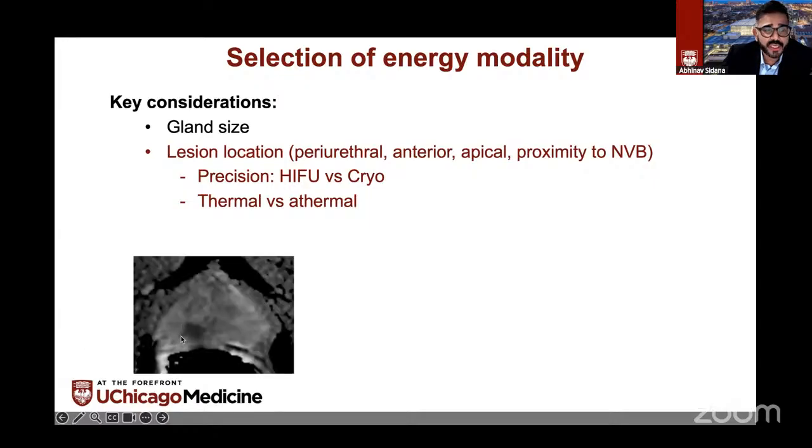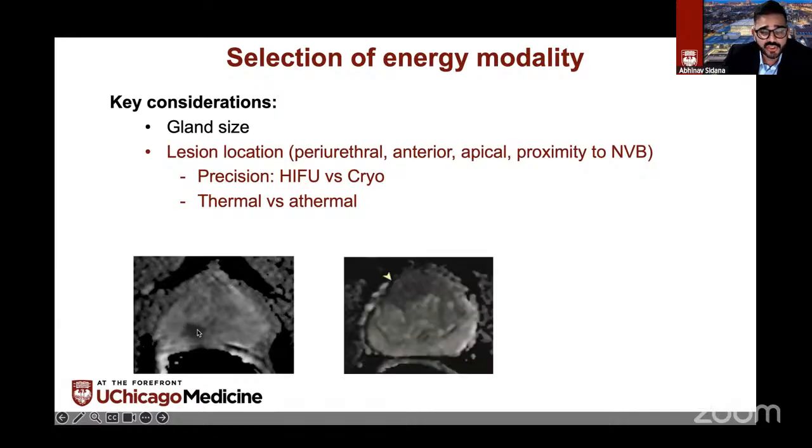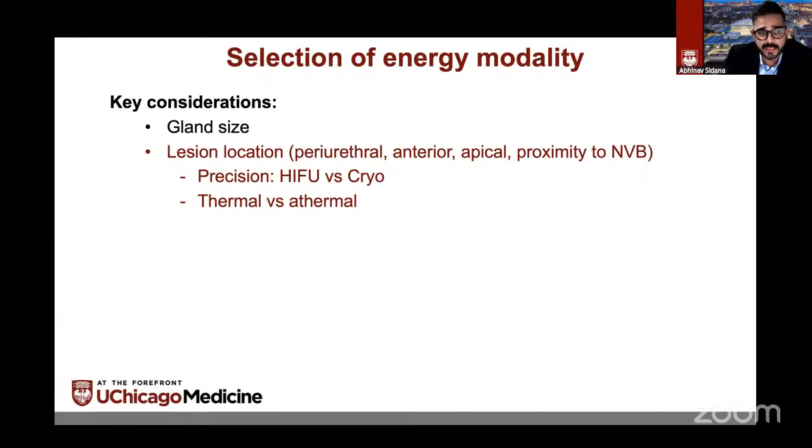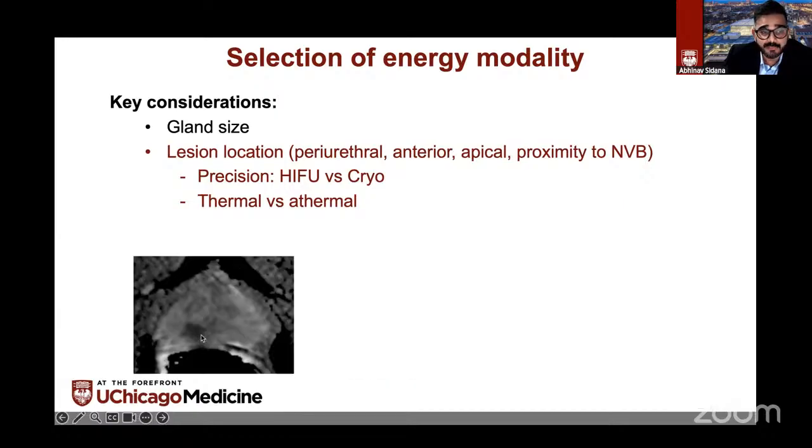In this location, the lesion is close to urethra and close to the midline, close to the rectum, and there's some potential of damage to the neurovascular bundle. So in this location, the energy modality which would work best would be something with higher precision like HIFU, because you would like to destroy the lesion but avoid damage to vital structures.